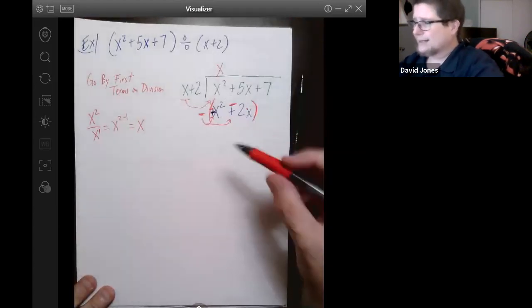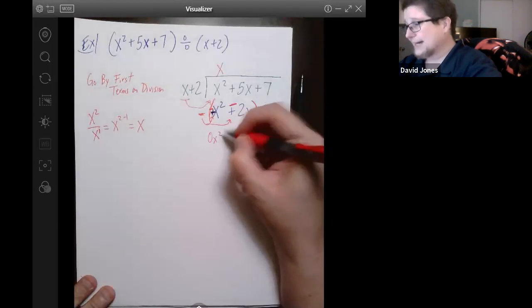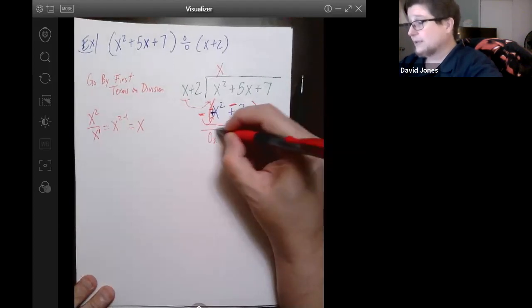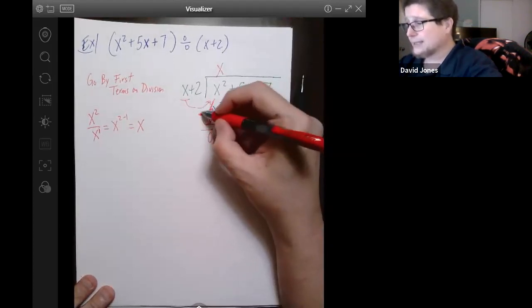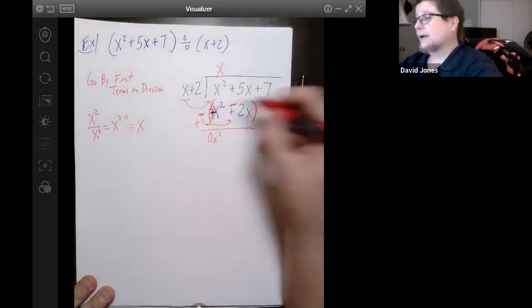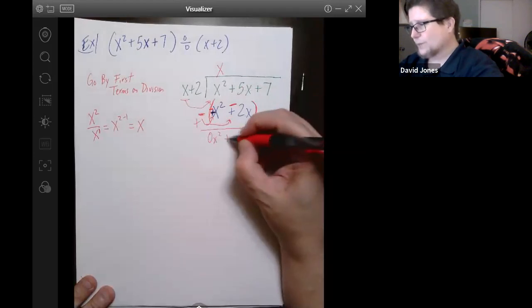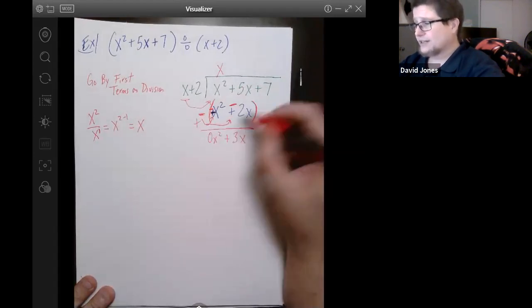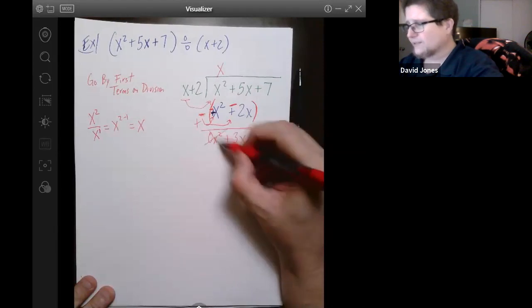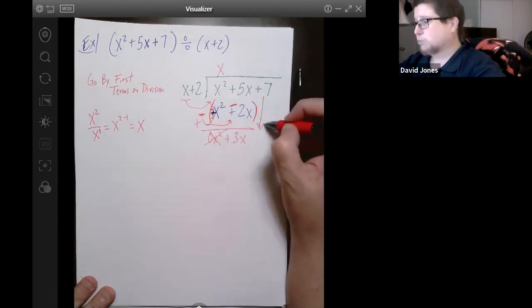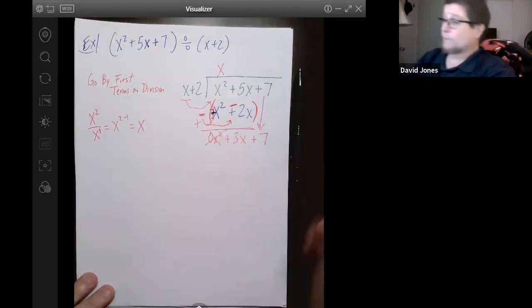X squared minus x squared is 0x squared. That's supposed to be what happens. When you move the negative inside, it becomes plus. And then we're adding 5x and negative 2x is 3x. The 0x squared doesn't matter. We can cross it off because it's got a 0. We bring down the next term, which is a 7.